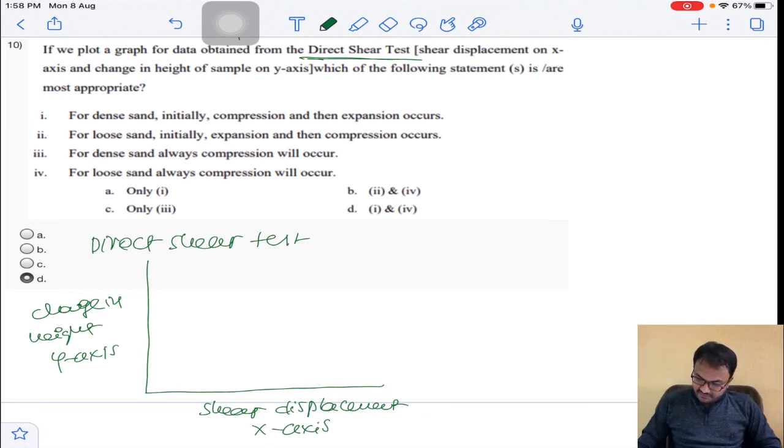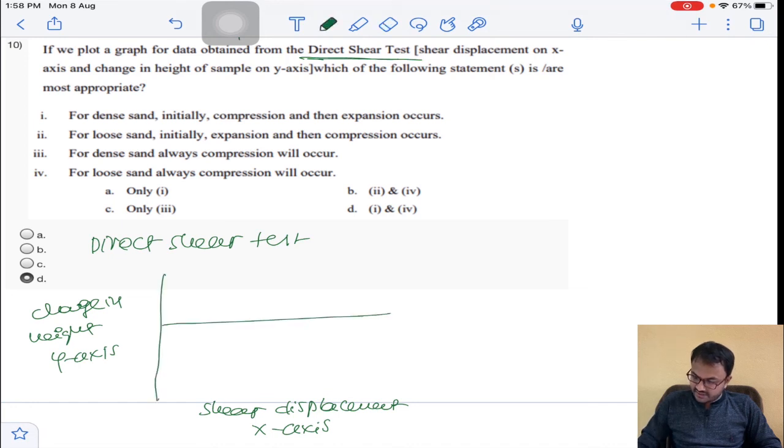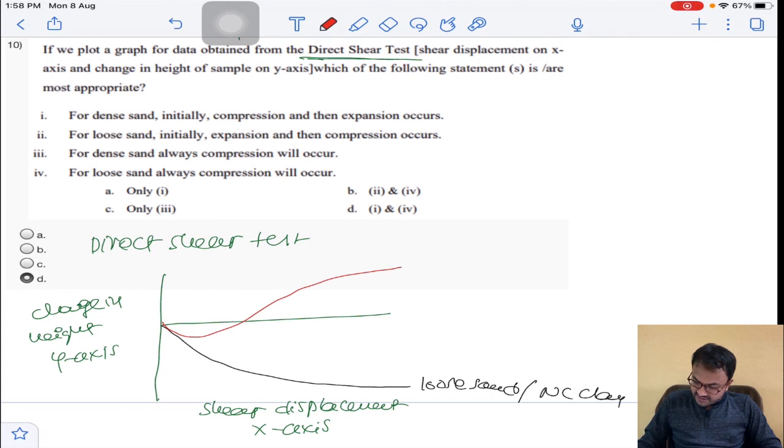Now if you draw curves like this, there are two curves for dense sand and loose sand. This is the loose sand curve, or this is normally consolidated clay, and this curve, which I'm drawing with another color, is for dense sand and over consolidated clay.